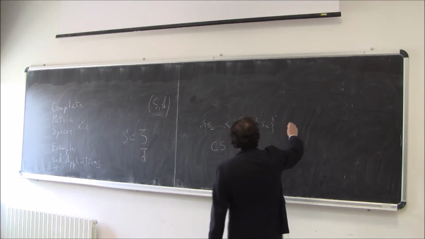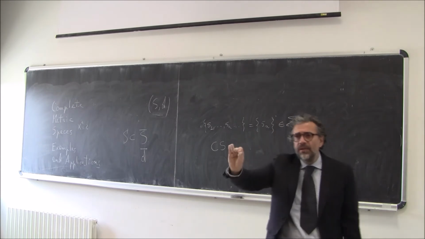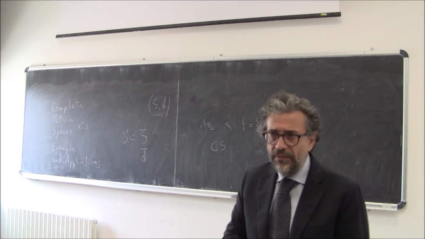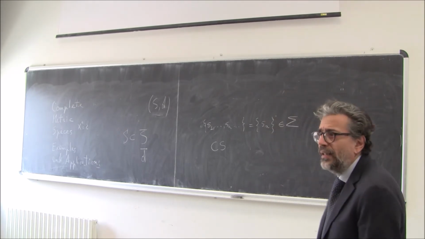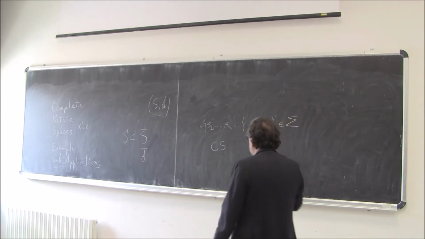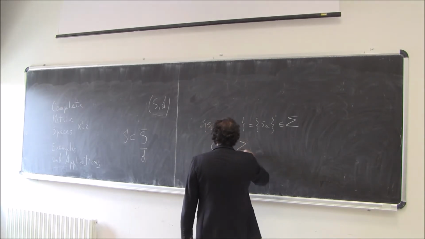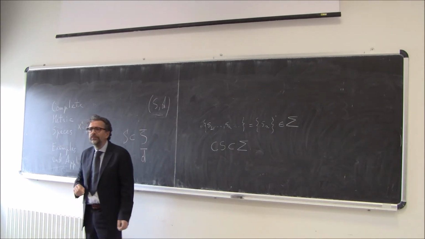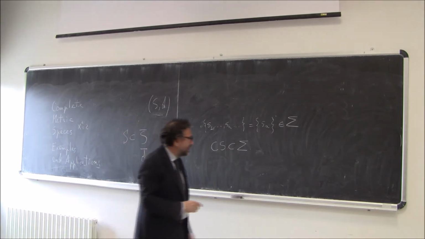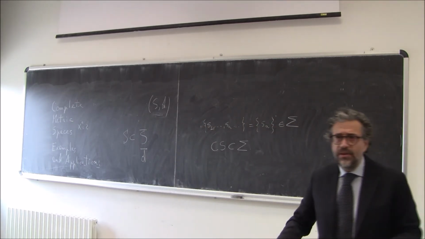So I have the set of sequences, sigma. Sigma is the set of all sequences of elements of S. Then I restrict my attention and I consider only the set of Cauchy sequences, which is a subset of sigma. Okay? This is a particular subset of the set of sequences.